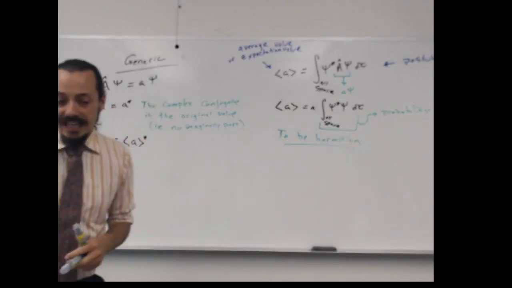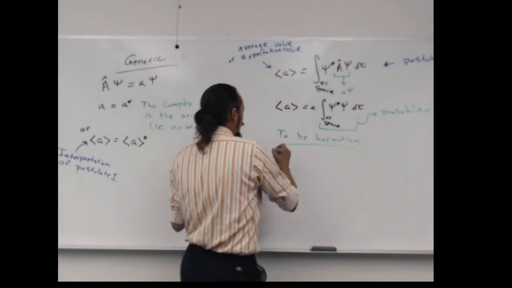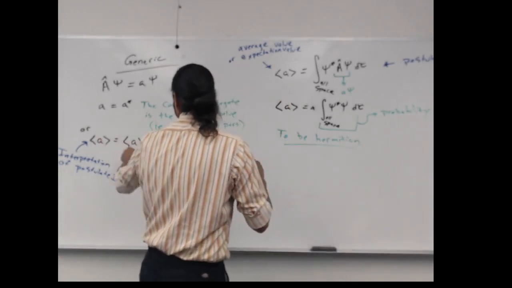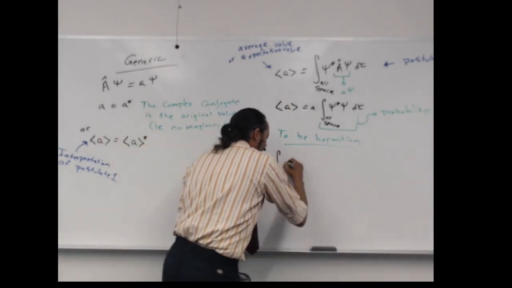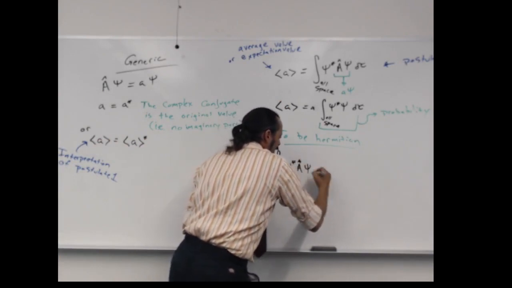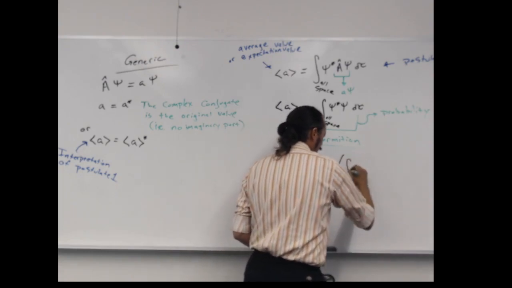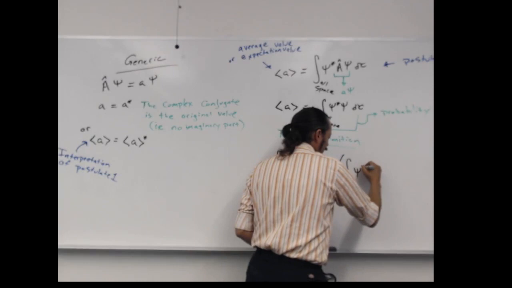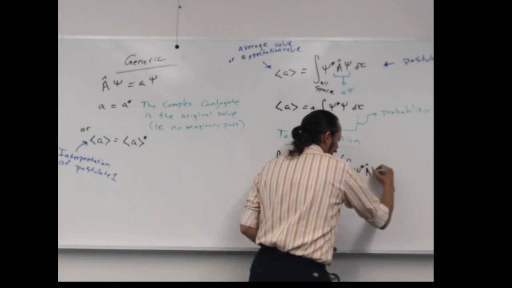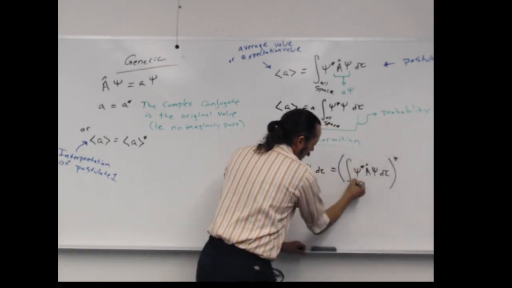If we want to guarantee that our expectation values, that our eigenvalues, our possible values that we're going to measure are real, we're going to essentially end up with this thing, A star. So I'm going to have the integral of psi star A hat psi d tau is equal to the integral psi star A hat psi d tau, star.